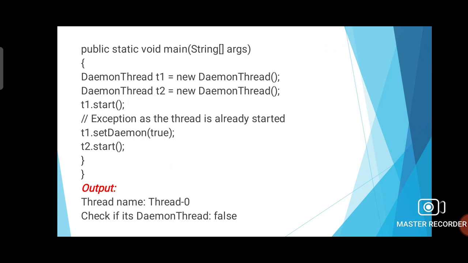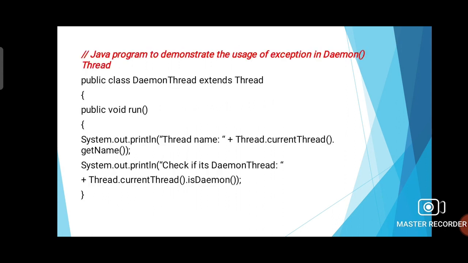After that, when the second thread t2 is executed, inside the run method, when it checks the isDaemon condition, it will produce the false result, since t2 is a user thread and not a Daemon thread.